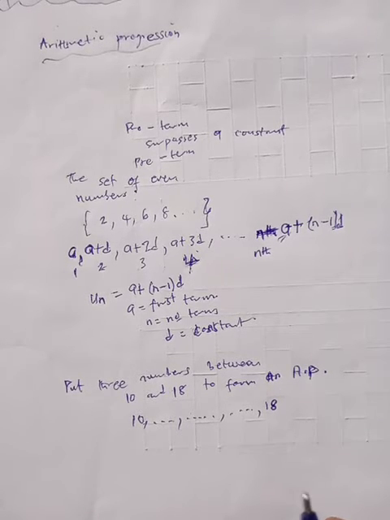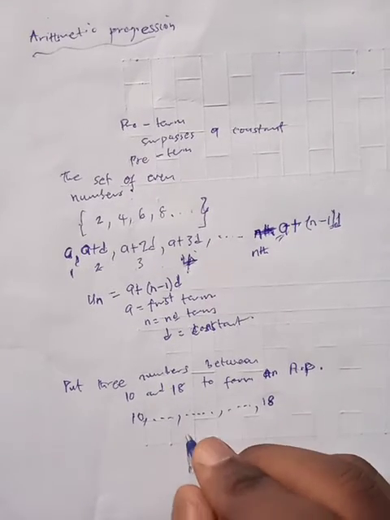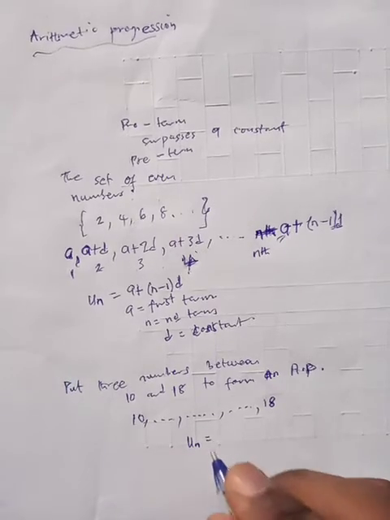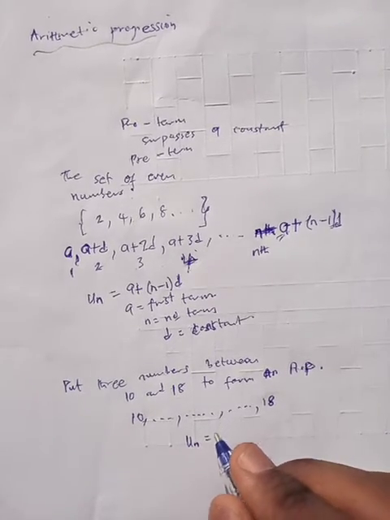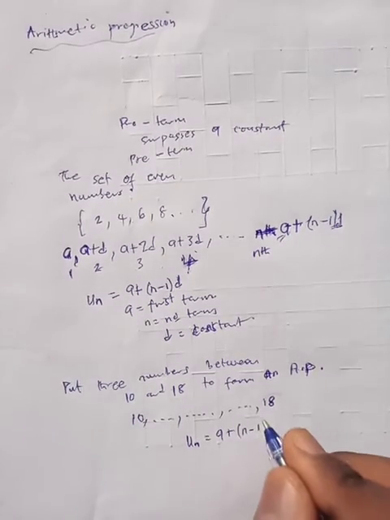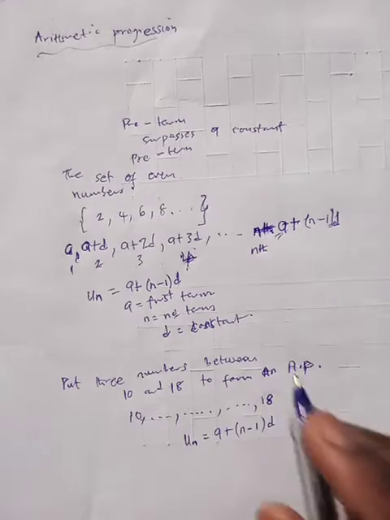So, how do we get this constant? Of course, we know our general term un to be equal to a plus (n minus 1) multiplying by d. Have you seen that, guys?